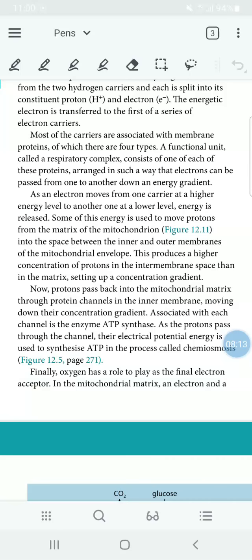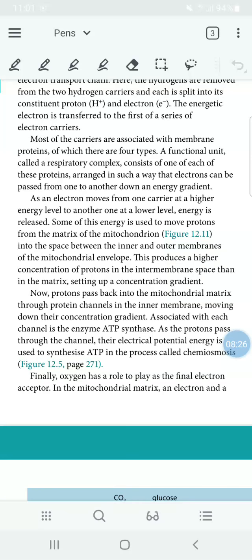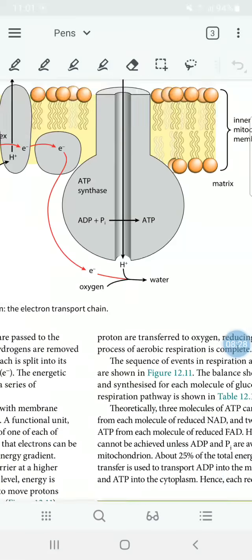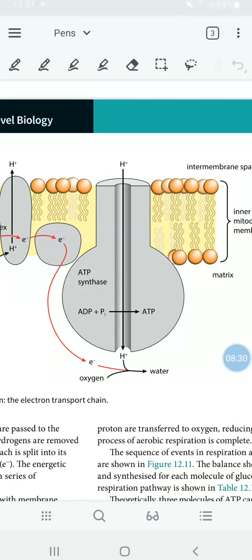Now protons pass back into the mitochondrial matrix through protein channels in the inner membrane, moving down their concentration gradient. Associated with each channel is the enzyme ATP synthase. So as you can see here, at the end of the channel, you have ATP synthase.